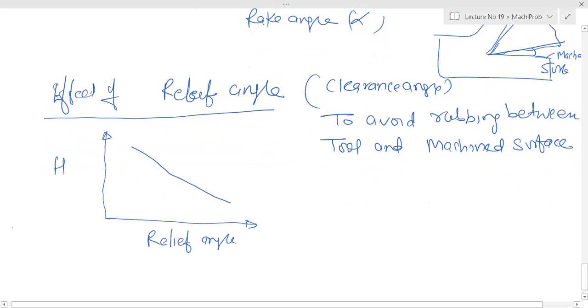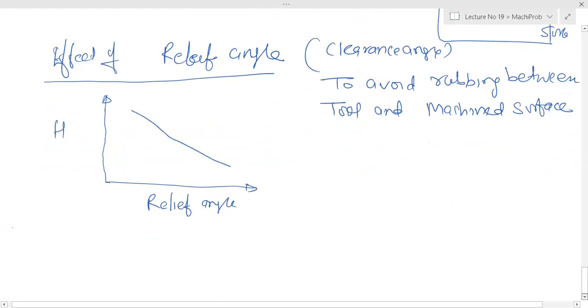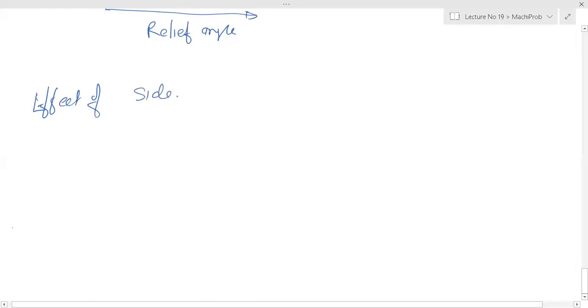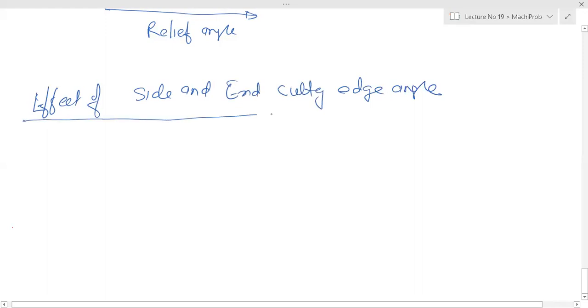Effect of side and end cutting edge angle. We have already discussed these two angles.